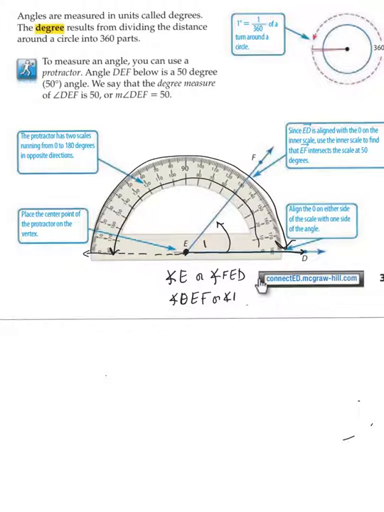That particular angle has a measure of 50 degrees. That little m means the measure of that angle. Just like when we're talking about the measure of a segment, we take the little top off. Okay?